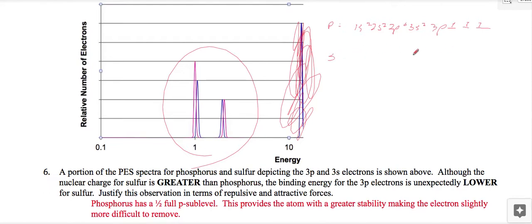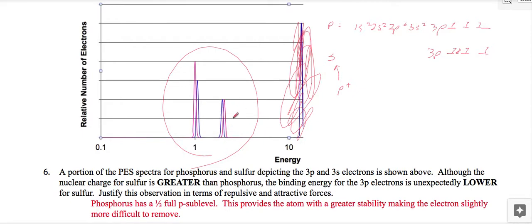And we have sulfur, which has the exact same thing, only it ends in 3p4. Now, since sulfur has more protons, we would expect it to have a greater binding energy. So the blue here is going to be our, oh shoot, I can't tell right now. Yes, that's right. The sulfur is going to be the pink, phosphorus is going to be the blue.